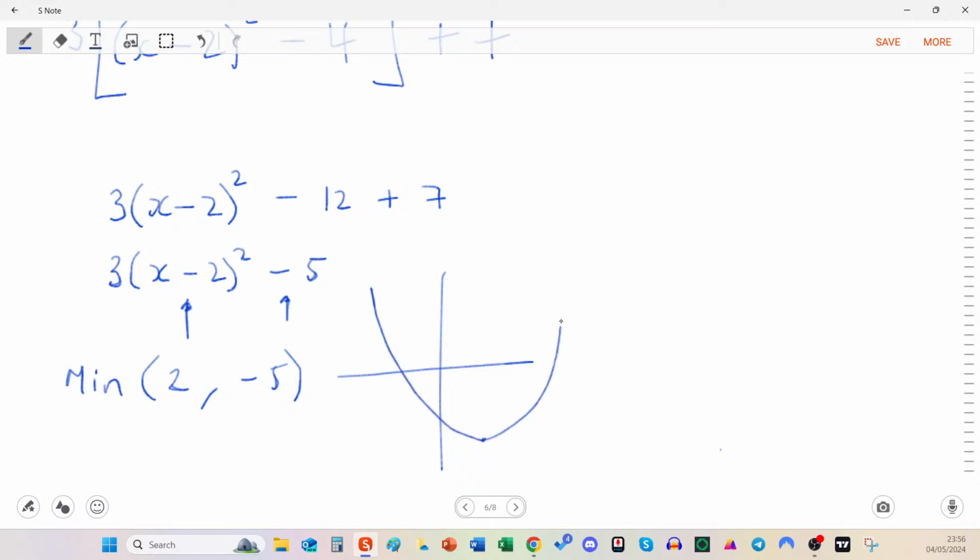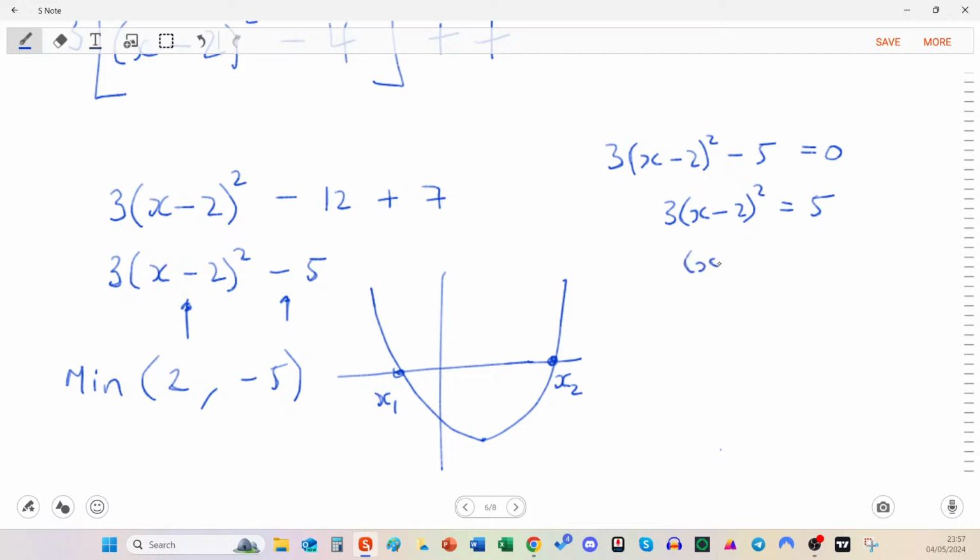So actually, from this diagram, I can see that it's going to cross the x-axis twice, meaning that there are 2 solutions to this quadratic. I could be interested in solving it. If I only had the factorized form, the question doesn't say put it equal to 0, but if I had to solve it at this point, I'd put it equal to 0. I would then move the 5 over.